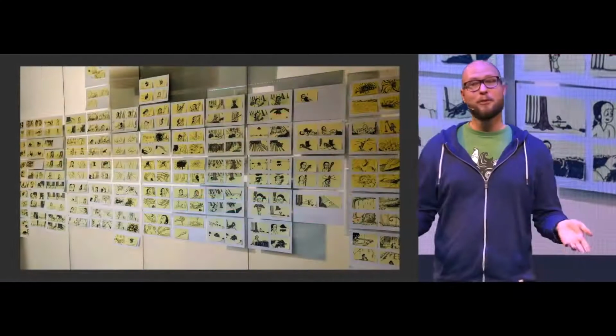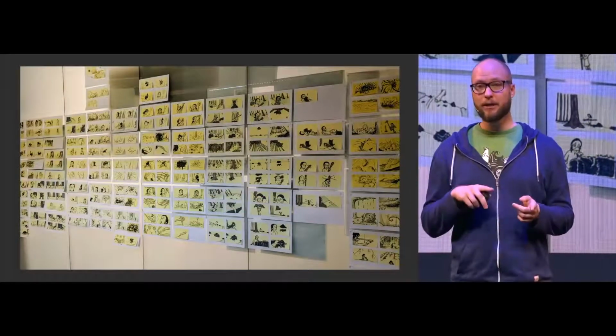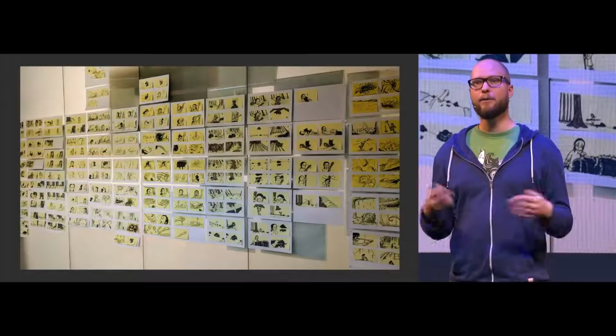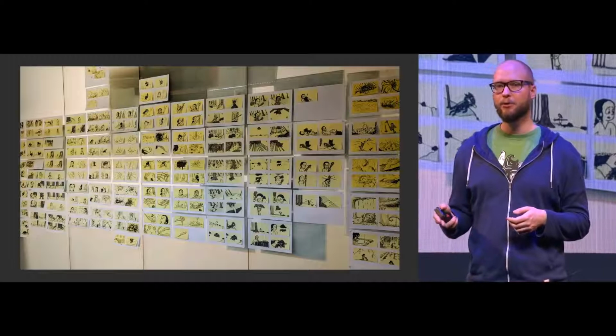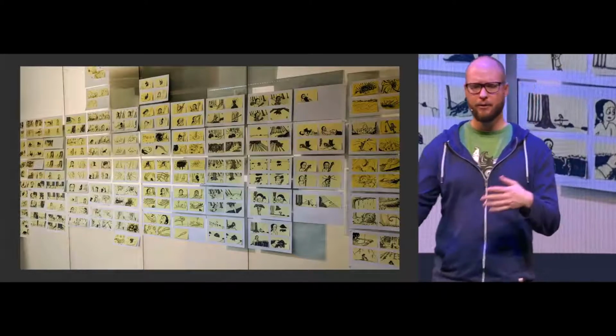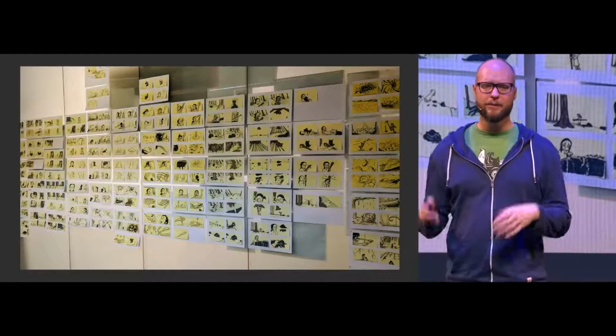So our storyboards were done in Post-it notes. And we started out using grease pencil and a number of other things, but it really became too much of a thing that you have to worry about how the tools work and that kind of stuff, and that was really getting in the way.